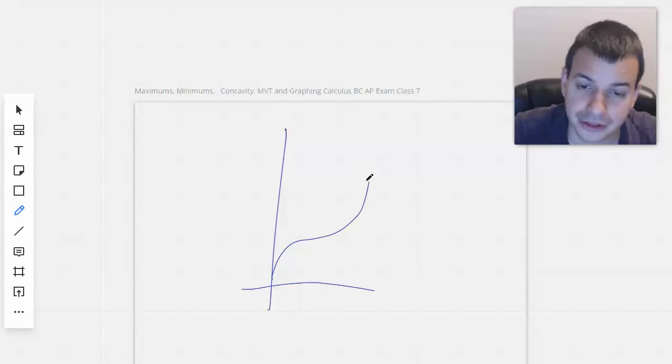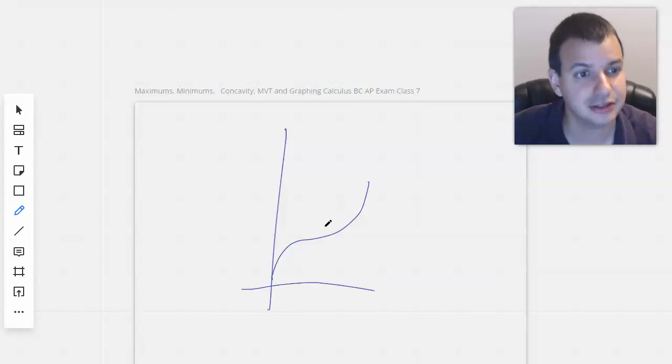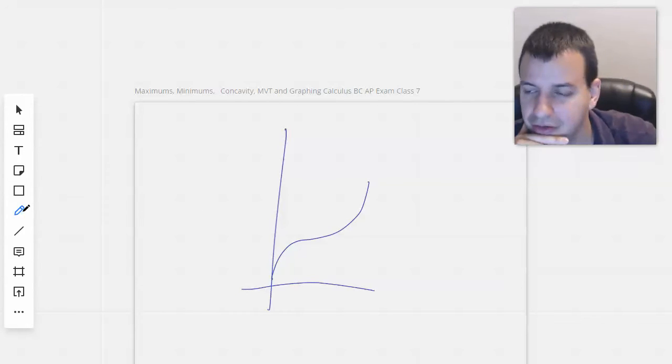Okay, so you have some equation like this, a function, a graph. It looks like this.